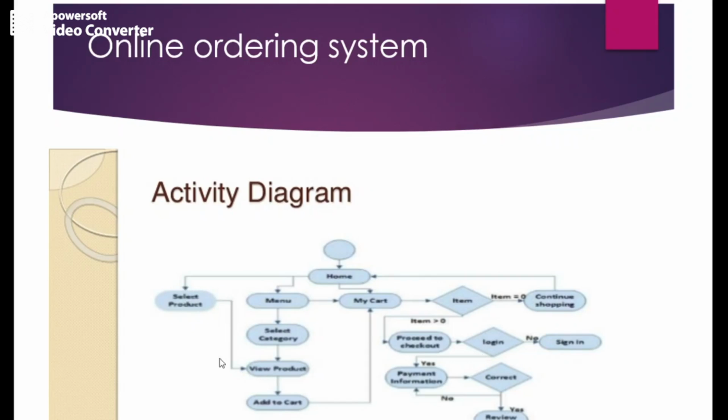So then you can select the product, whatever you want to order, and you can add to your cart. So from the home page, you can also move to my cart. In my cart, you can see what order is being placed.